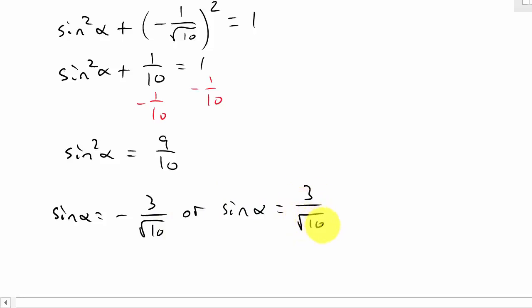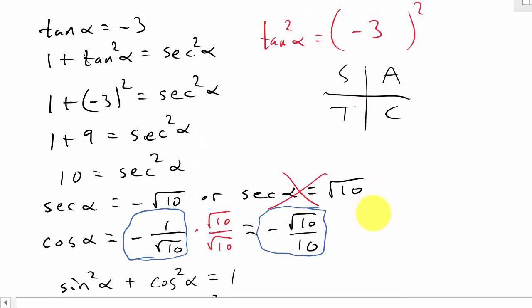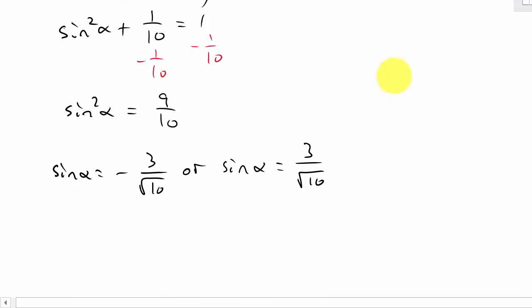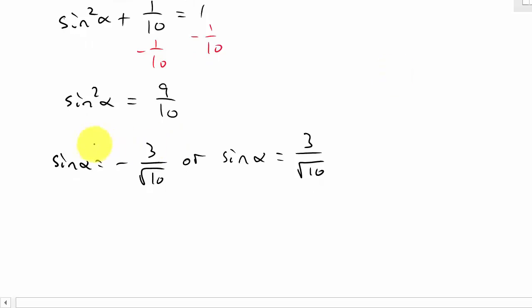Remember, alpha is in the second quadrant, and in the second quadrant sine is positive. So the negative is not our solution. Rationalizing the denominator, I get 3 square root of 10 over 10. And so there's sine alpha.